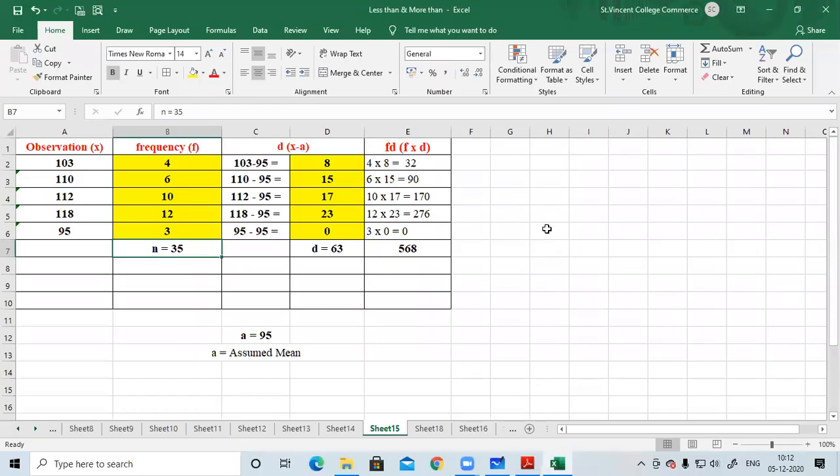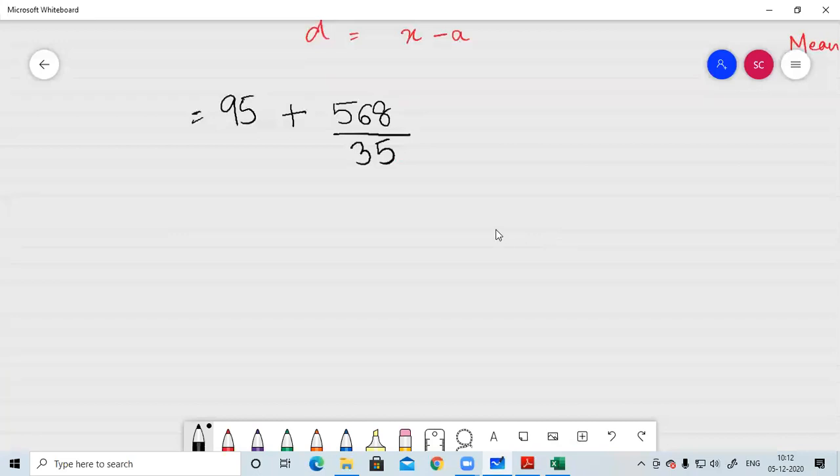Check your calculations carefully, please. 568 divided by 35. Correct? Actually, it should be 16.23 because the third digit is 8, so rounding up. But 16.22 can be allowed. Minor rounding errors are allowed.